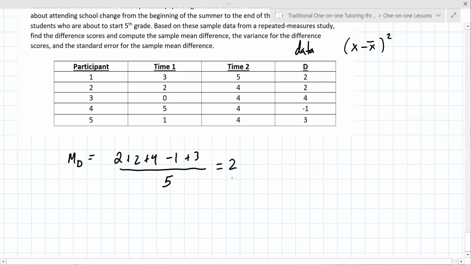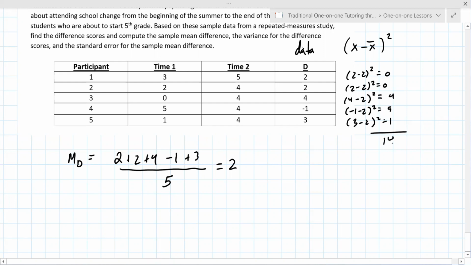Now for each of these, we take the data point, subtract the mean, and square it. 2 minus 2 squared is 0. 4 minus 2 squared is 4. Minus 1 minus 2 squared is 9. And 3 minus 2 squared is 1. If you add these up, you get 14.